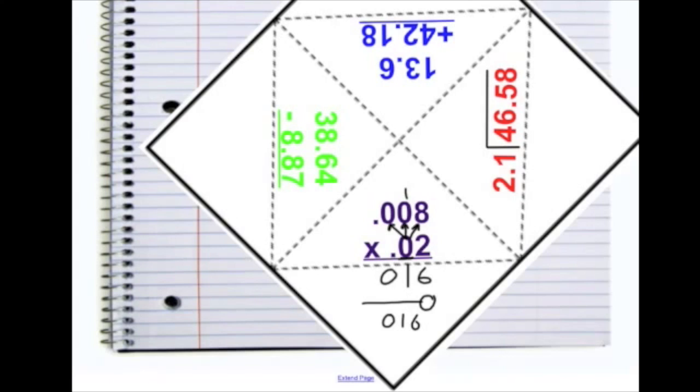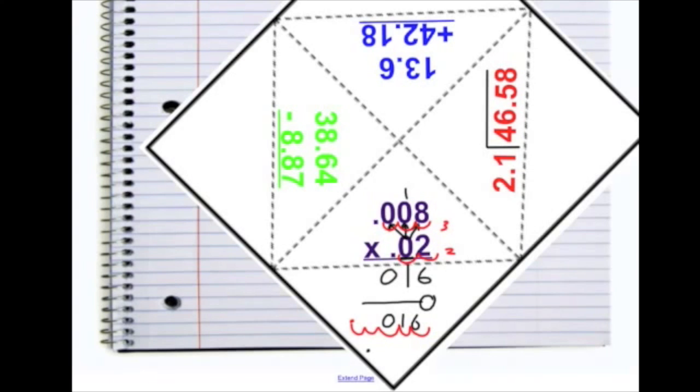However, I have 1, 2, and 1, 2, 3 decimal places in my factors. So I need to count all those decimal places up and insert them into my solution. So I have 1, 2, and then I'm going to have 1, 2, 3.